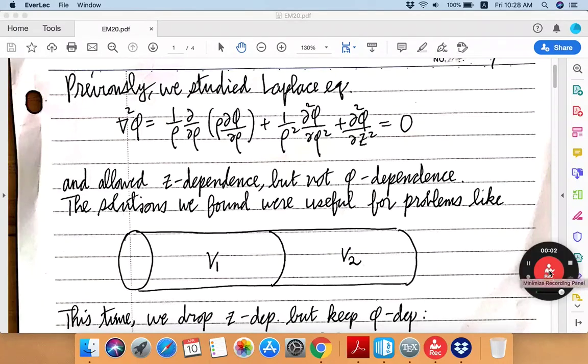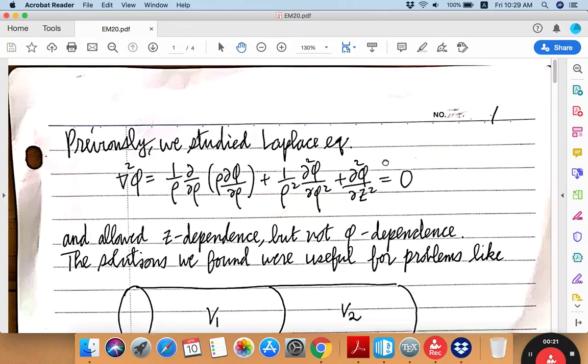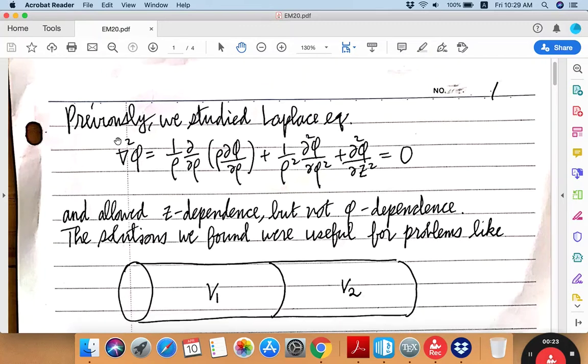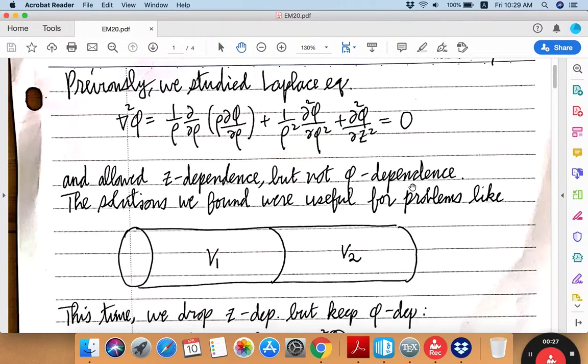Hi. So today we're going to try to solve the Laplace equation in yet another context. In the previous lecture, we studied the solution of the Laplace equation in the cylindrical coordinate system, where the equation looks like this.